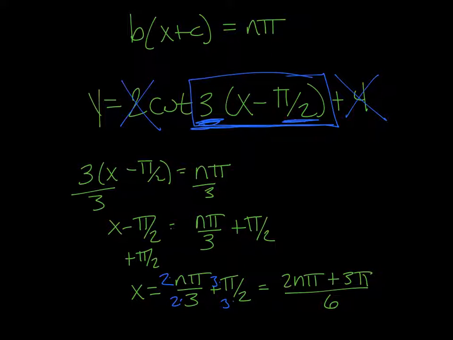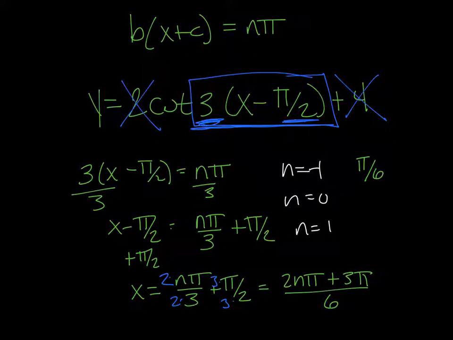So then when I'm plugging in different n values, let's just do n equals -1, n equals 0, and n equals 1. Of course, you can pick 0, 1, 2, whatever makes sense. But don't pick them too crazy, just because then they get really big and far away from where you're trying to graph. And so if I plug these in, I'm going to take -1, plug it in for n, so that gives me -2 pi plus 3 pi, that just gives me 1 pi over 6.